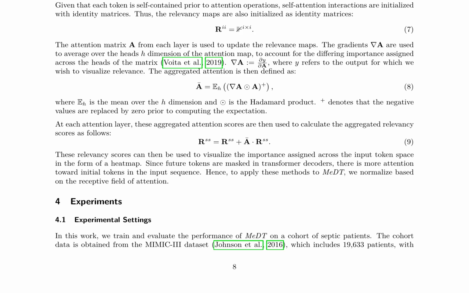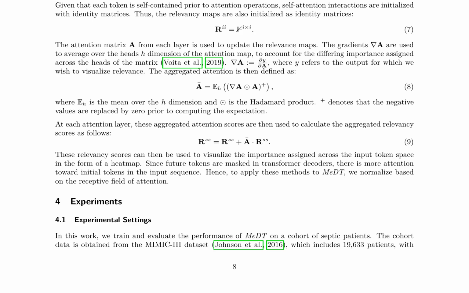Equation 9 updates relevance scores using aggregated attention scores. These mathematical concepts underlie the interpretability of MeDT and its ability to provide insights into the decision-making process. The results and methods presented demonstrate the effectiveness of MeDT in handling complex decision-making tasks in healthcare, while providing a framework for interpreting the model's decisions.